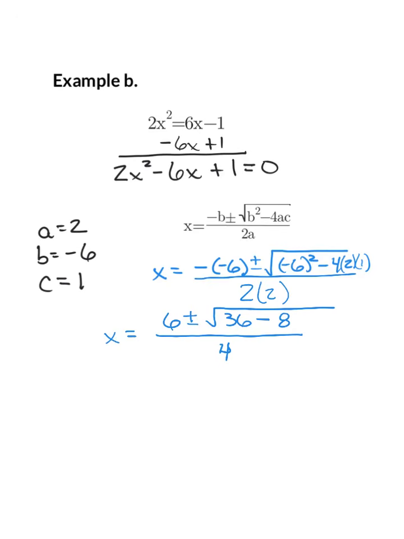We can finish simplifying inside the square root. If we go ahead and subtract, we get 6 plus or minus the square root of 36 minus 8 is 28 over 4.